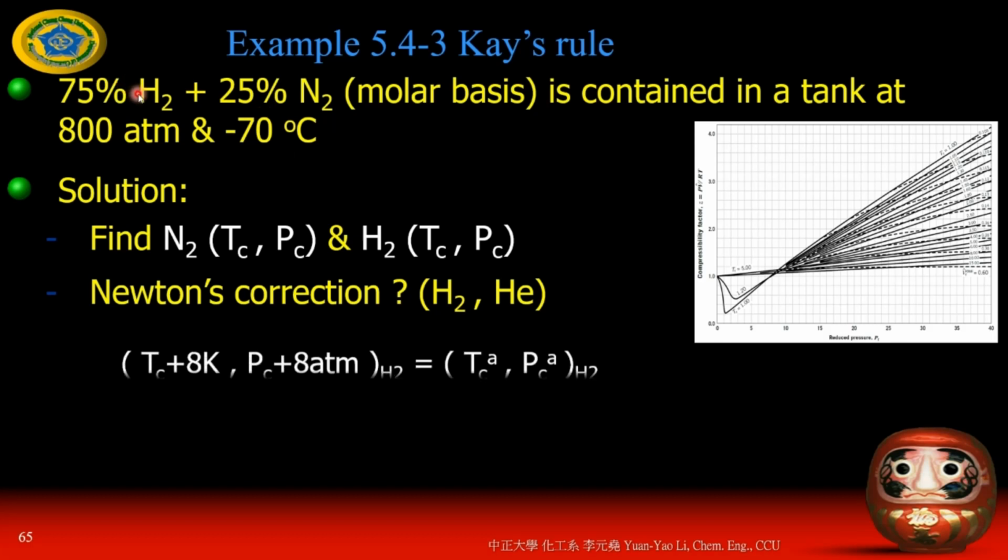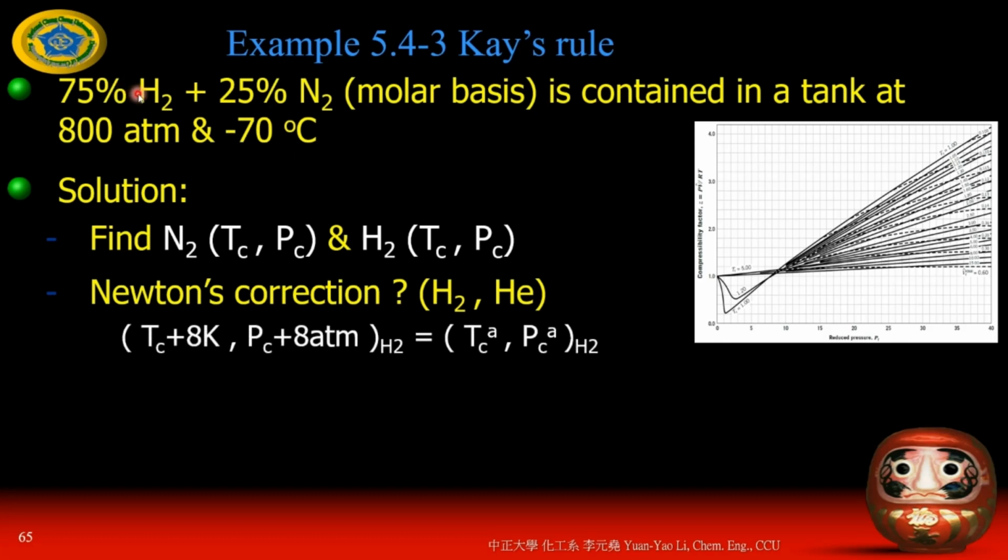So you need to do a Newton correction for the hydrogen. You have to add 8 Kelvin and 8 atm for the hydrogen in the TC and PC. So once you find TC and PC, you need to add 8 to these values.